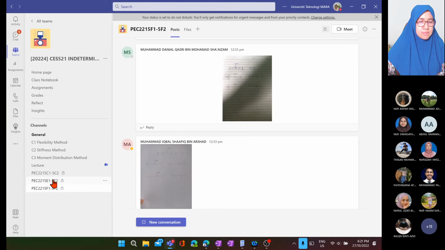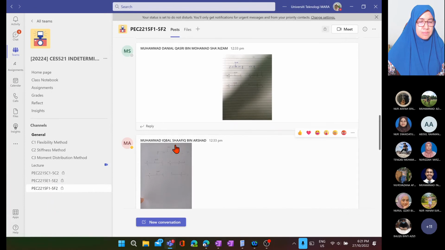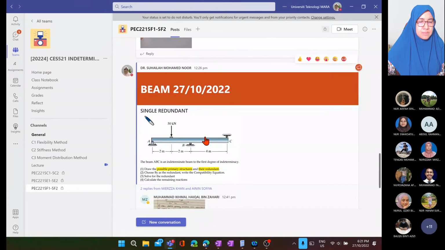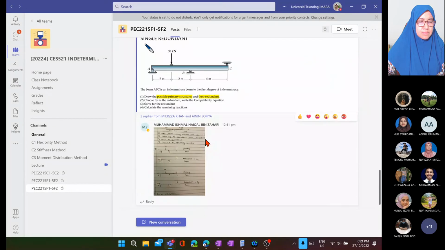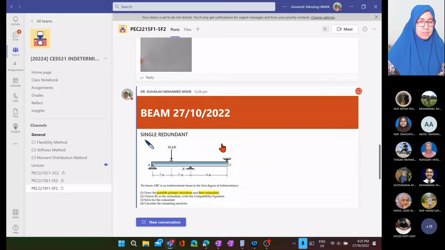I will add you based on the registration list. So if you want to submit anything, ask anything, discuss in the group, you just put it here and your friend also can respond. If, for example, A puts the question, B can respond, C can also respond. I can monitor. If I need to comment, I will comment.